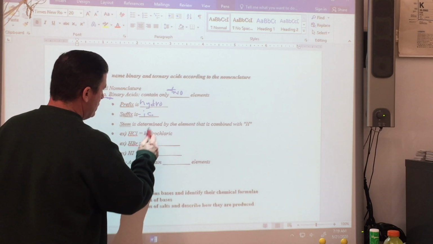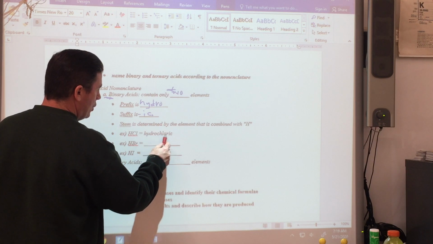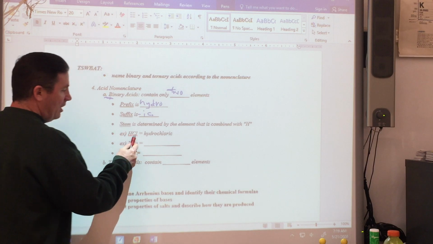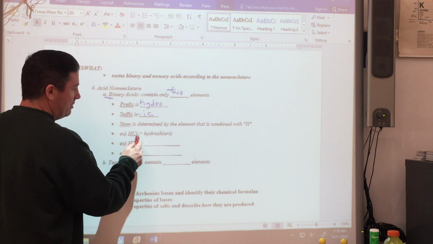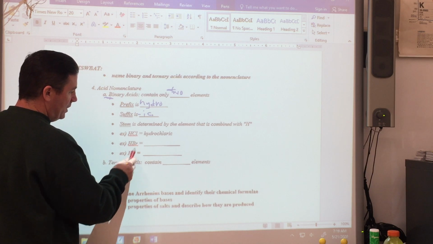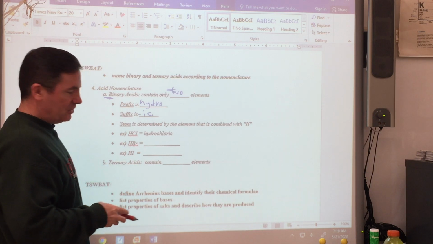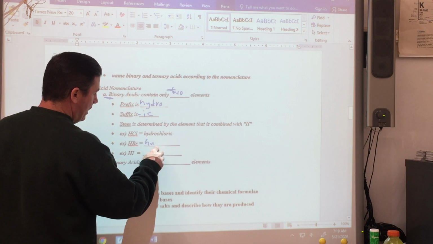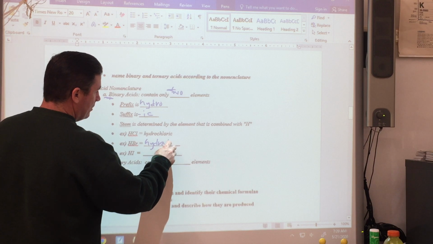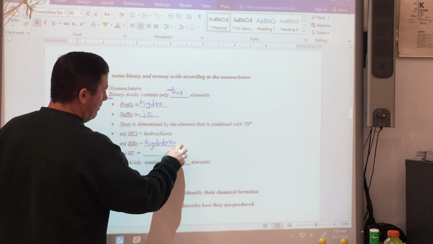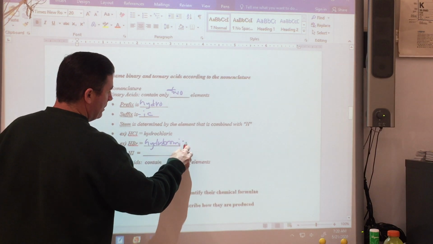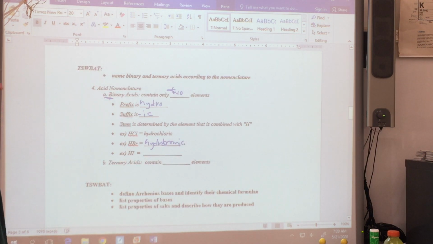So hydro is the prefix. Chlor happens to be the element that is bonded to the hydrogen, and then I end it with ic. So, what do you think about that one? It's going to start with hydro. Bromine, B-R-O-M is the root word, and then I end it with ic, hydrobromic acid.